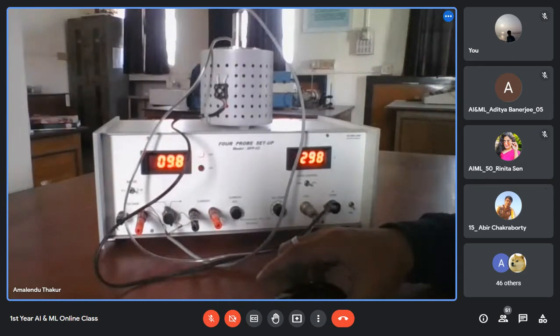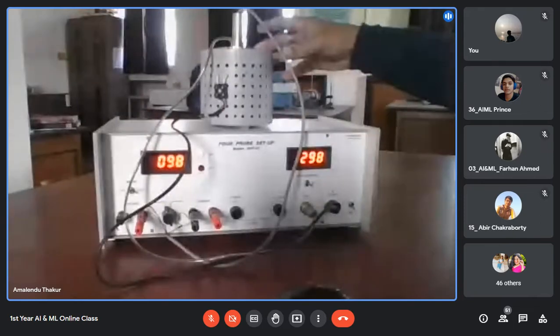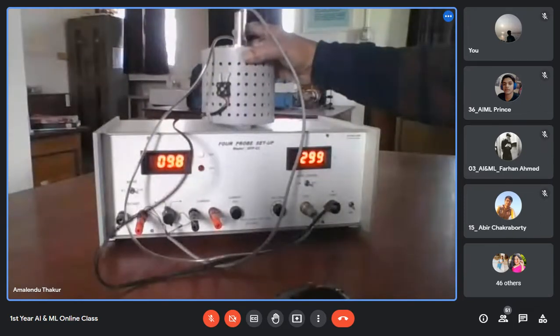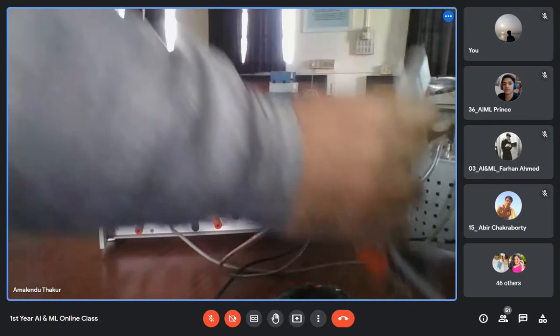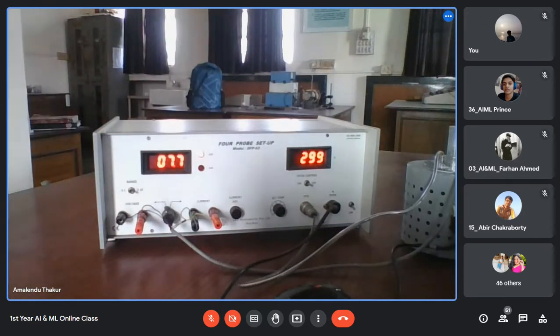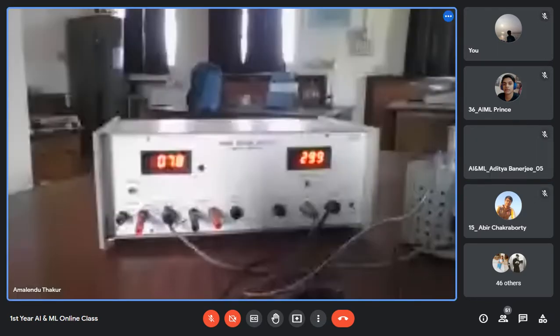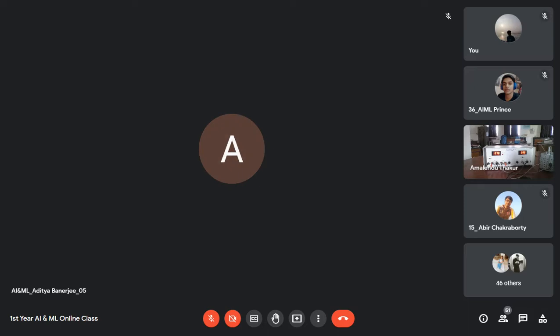The setup. So first of all, this is the oven. I told you this is an oven. What does the oven do?